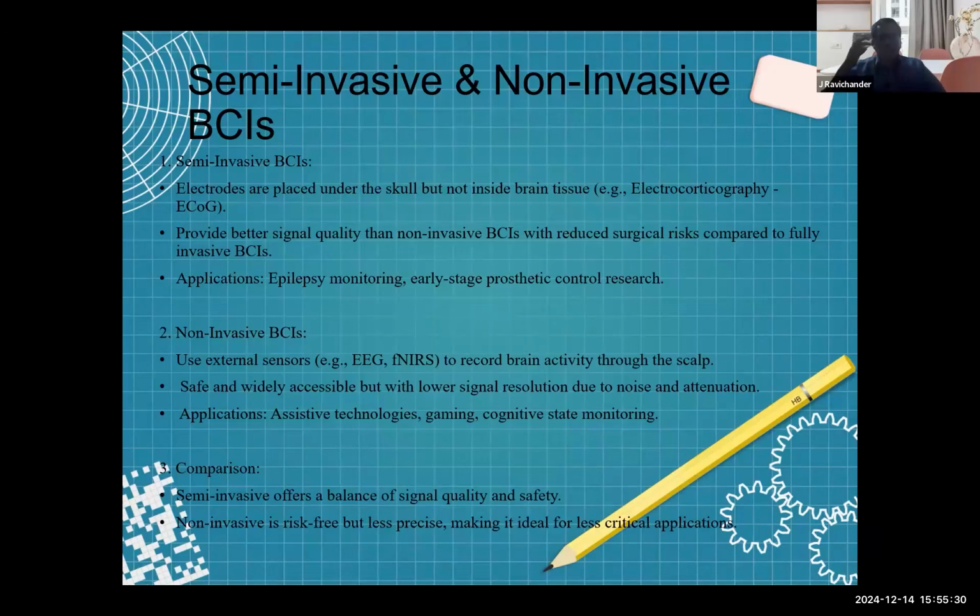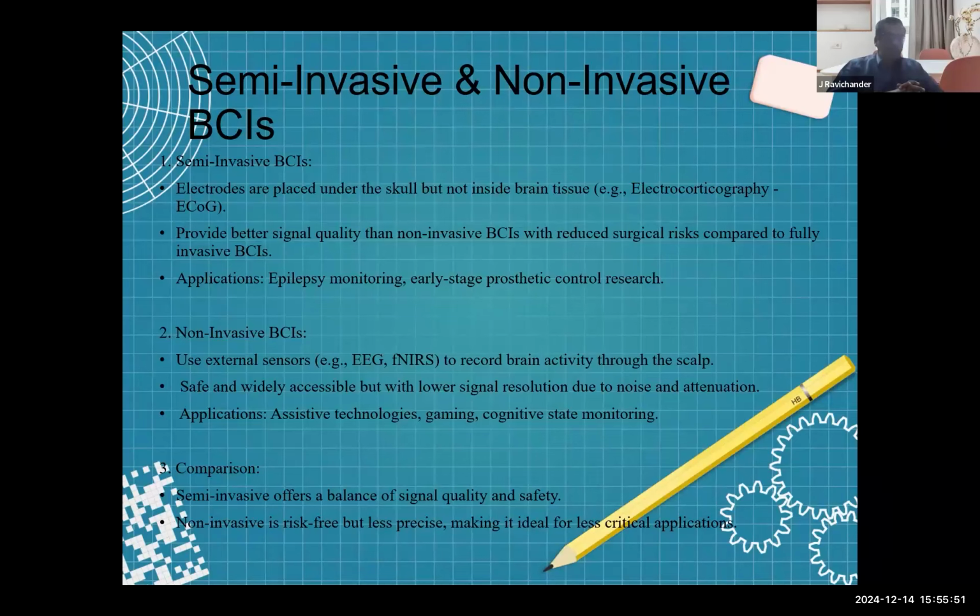We put that particular cap on your head. That is called non-invasive BCIs. It uses external sensors like EEG and fNIRS to record brain activity through the skull.